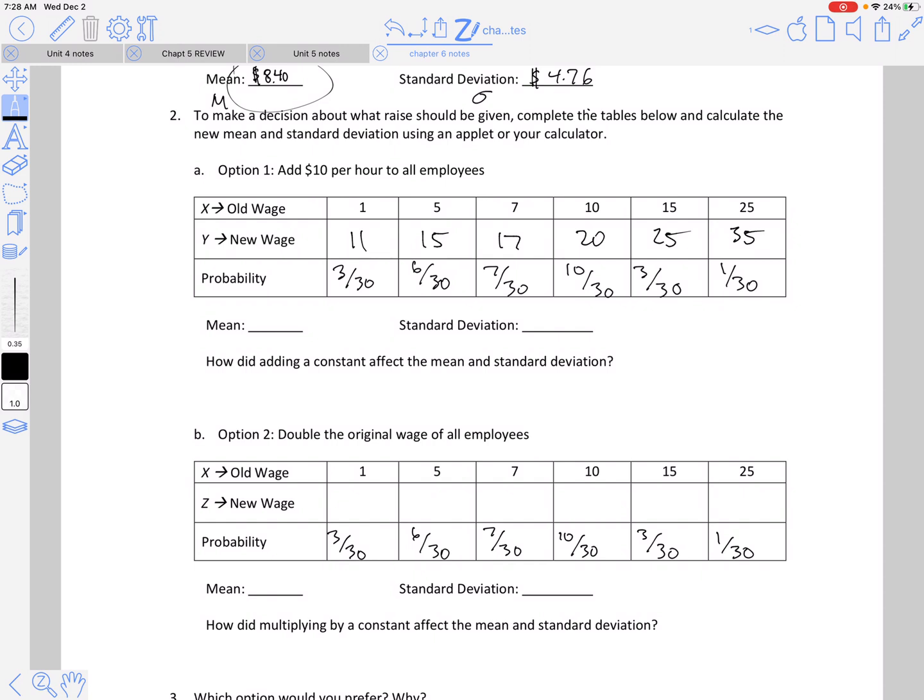So if you put that into your calculator or do the calculations, you're going to get $18.40, which is just the mean plus 10. So adding shifts our entire set of data. Notice it's all lined up like it was before, but we just shifted everything, right? So we just had a shift of 10, so it shifted our mean.